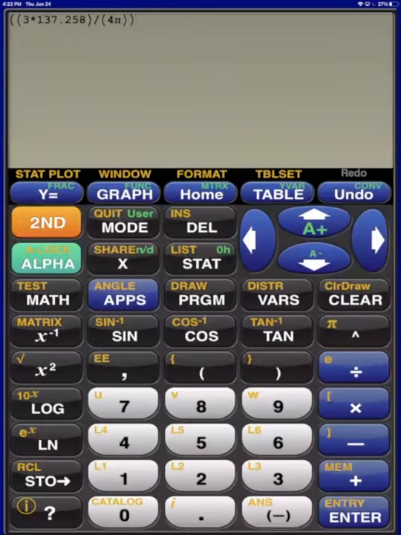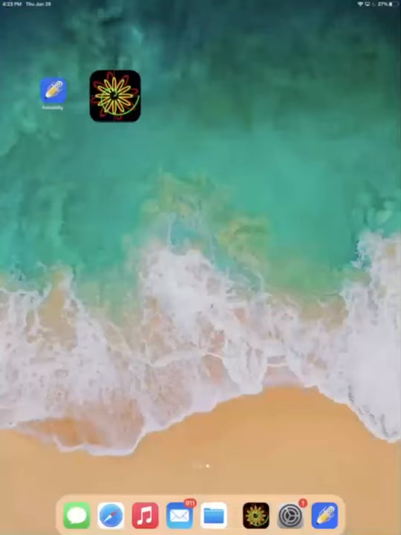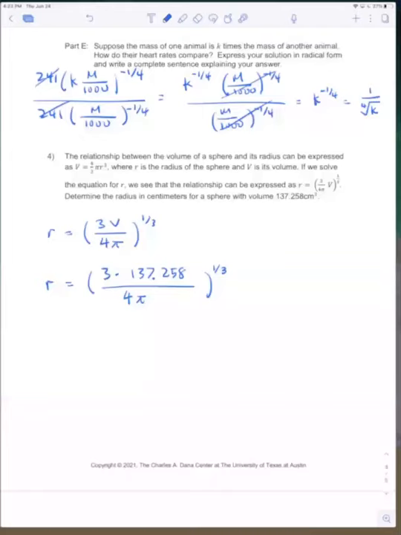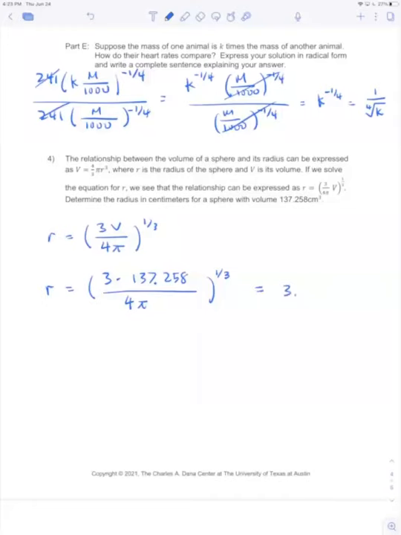And we're going to raise all of this to the 1/3 power. So 1 divided by 3, and about 3.2. We'll say 3.2. So back here, 3.2. And that is the end of this lesson. Thank you.